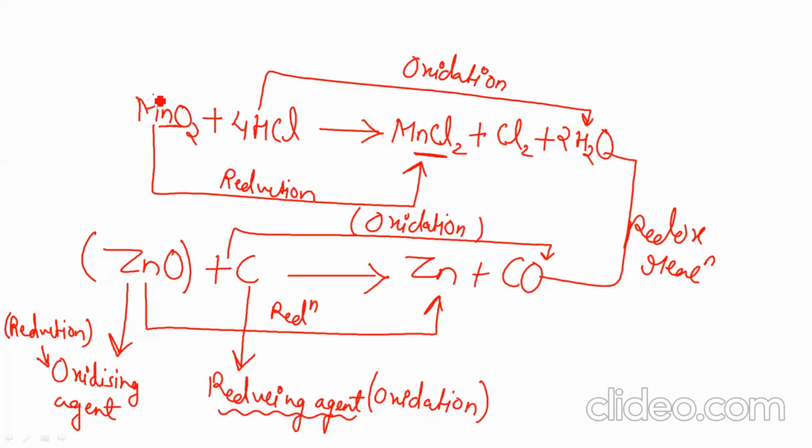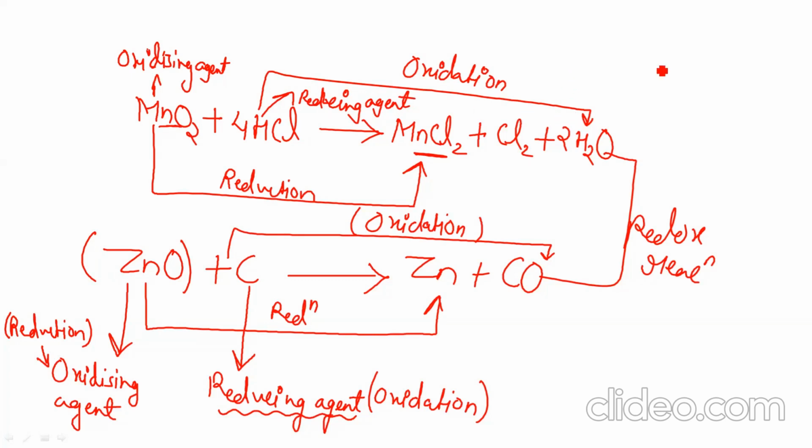Similarly, here Mn is the oxidizing agent, while hydrogen is the reducing agent. These things are important in your redox reactions.